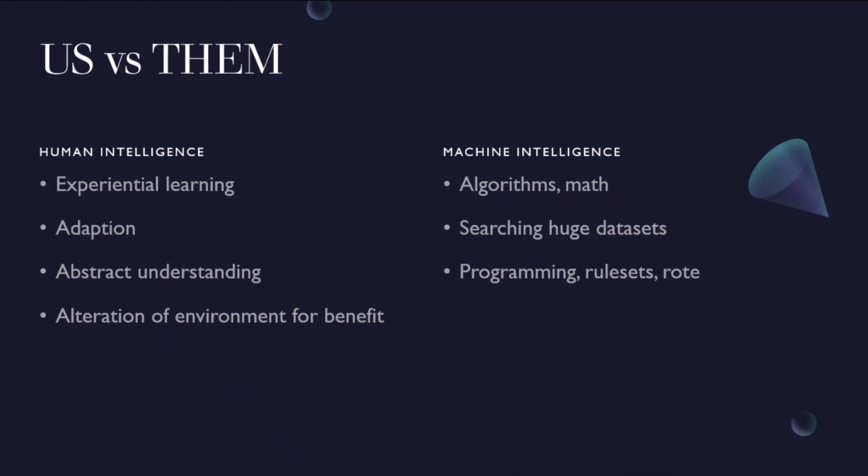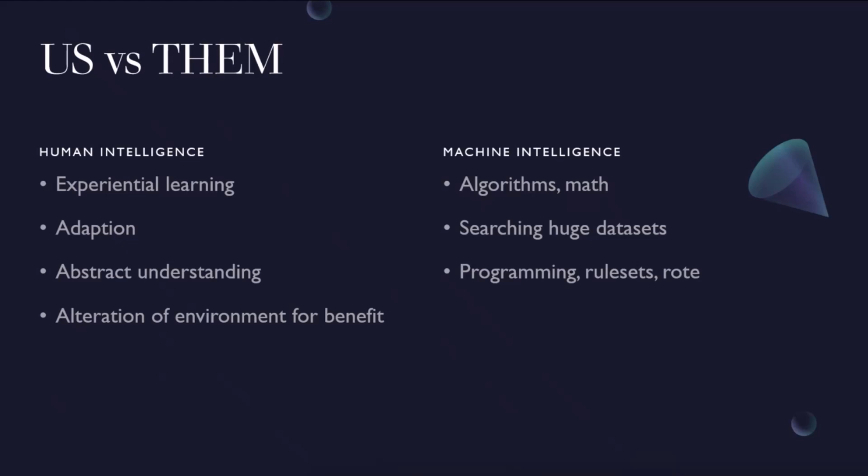For humans, when we talk about it, it's things like learning from experiences that you have, adapting to new situations, understanding and handling abstract concepts, using knowledge to manipulate one's environment, likely for your own benefit, of course, right? In machines, we think about it a little bit differently.